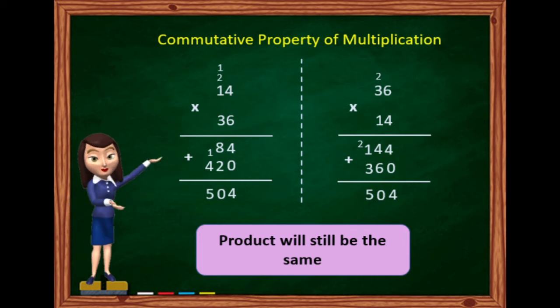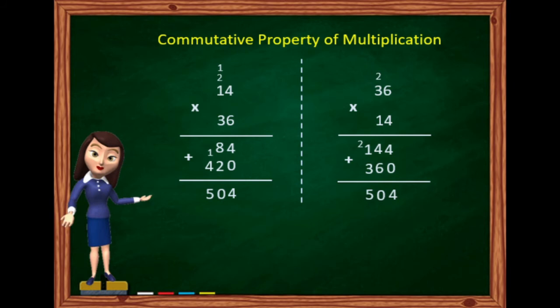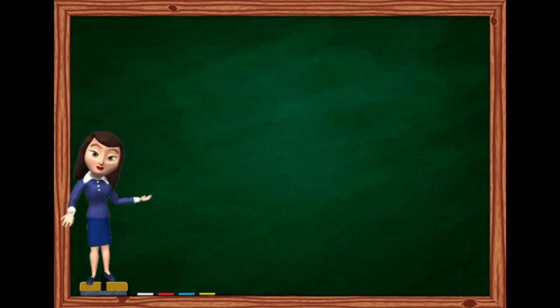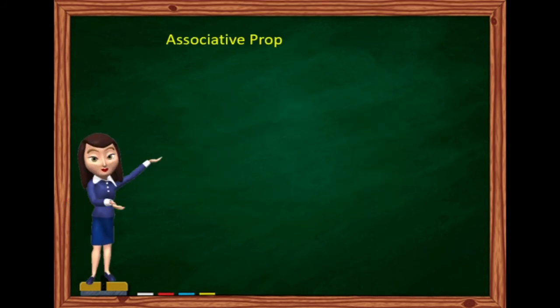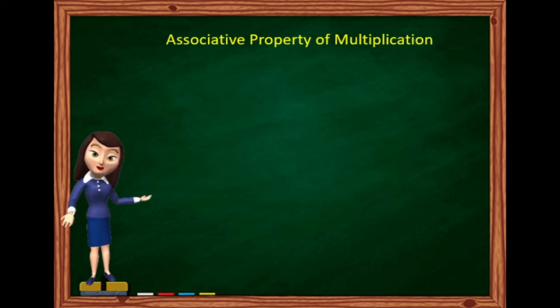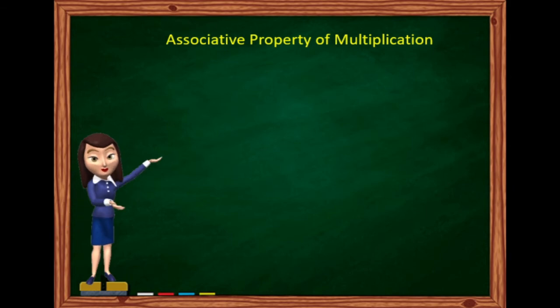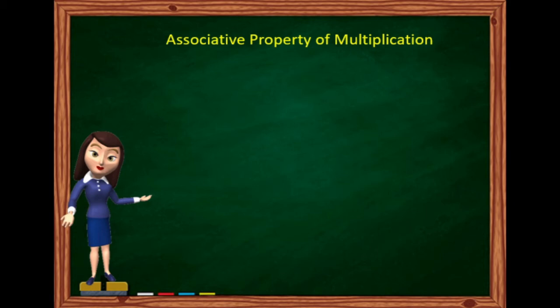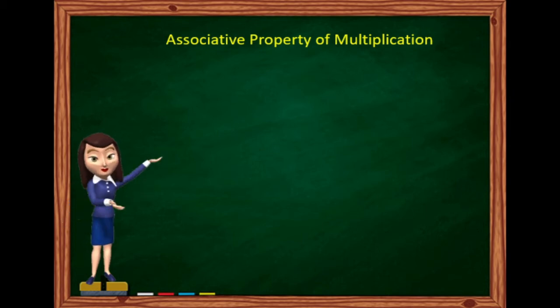Okay, next let's move on to the next property. This time, let's focus on the associative property of multiplication. Is it the same as the associative property in addition?